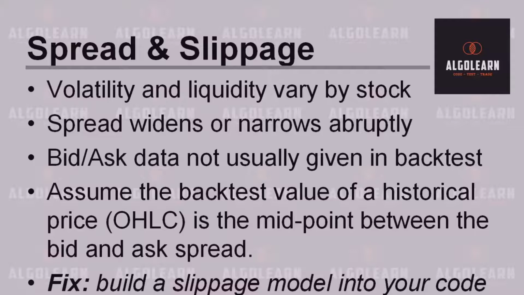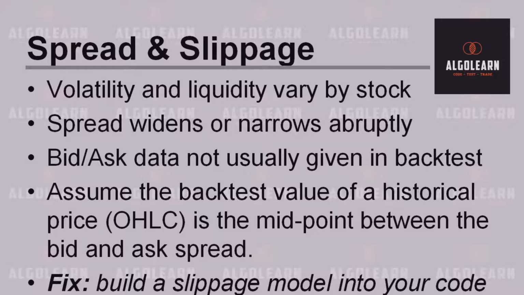The bid is what you would be looking to sell your stock for, and the ask price is what you're looking to buy your stock for. One thing that we look at, a little bit controversial, is you can assume that the backtest value of a historical price, what they quote for the open, the high, the low, the close, is the midpoint between the bid and the ask spread. It's one assumption that you could use.